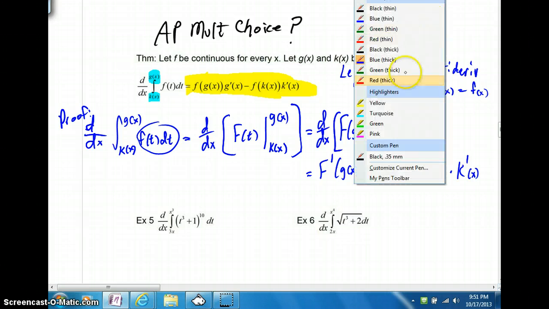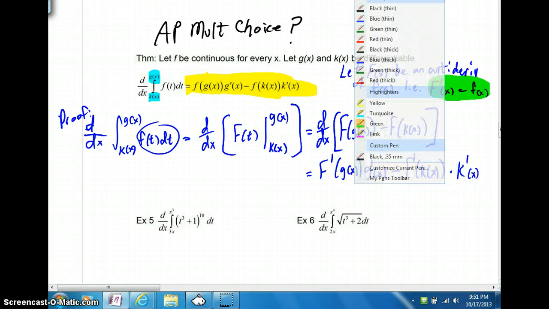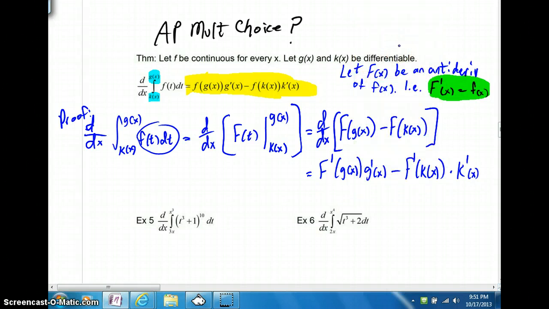How do we finish this proof? Well, very quickly, notice what we were saying up above. If capital F of x is really an antiderivative, that means when I take the derivative of capital F, I'm back at little f. Well, here's capital F prime. That's really little f of g of x times g prime of x minus little f of k of x times k prime of x.